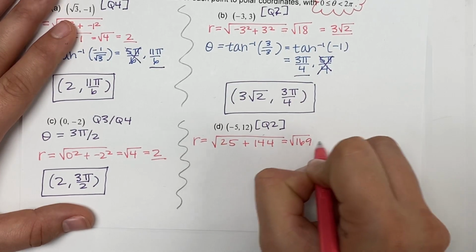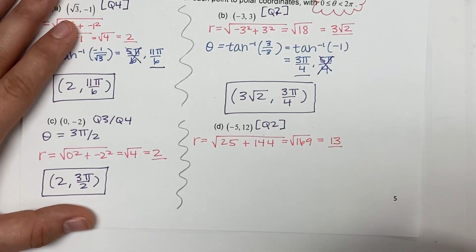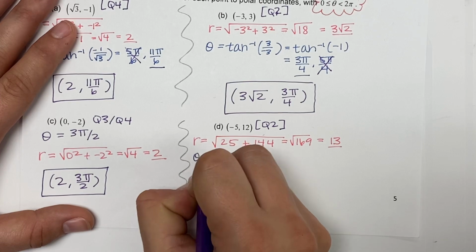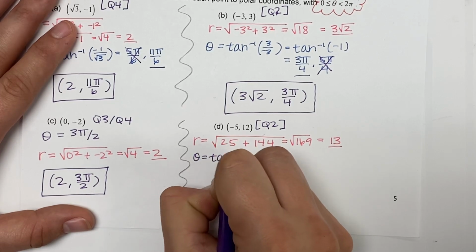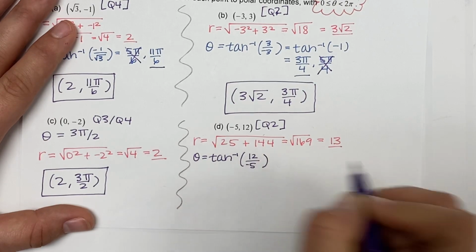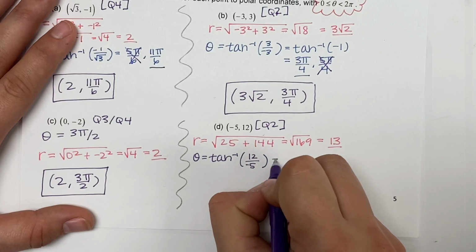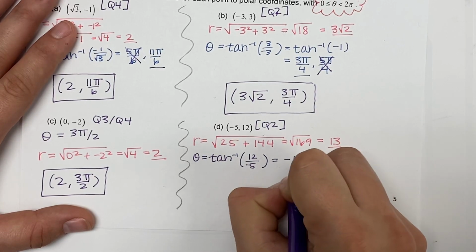That's 169, which is 13. Well, that's pretty. Okay, let's find theta. Y over x. Now this isn't on my unit circle, so that's why you need your calculator. So go ahead and type this in your calculator, and it will give you.